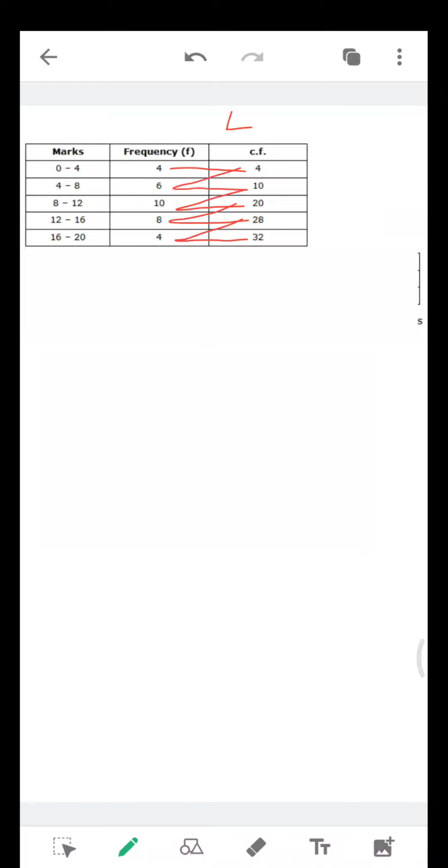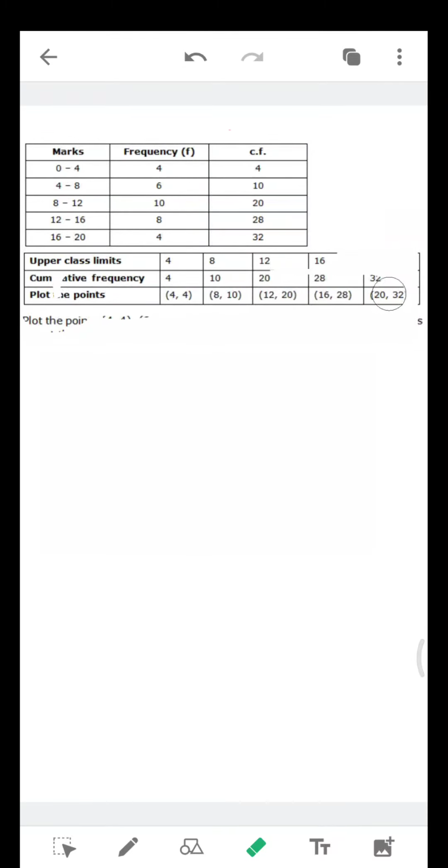Now, after making this we'll take the values in this manner. For less than cumulative frequency always remember we use upper limits. These upper limits will come for less than cumulative frequency.